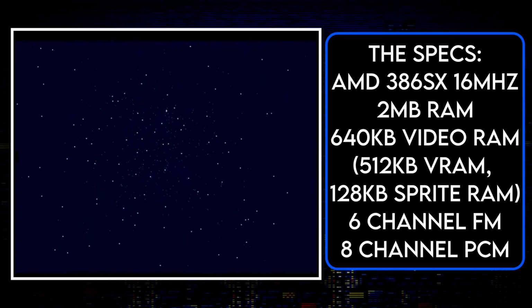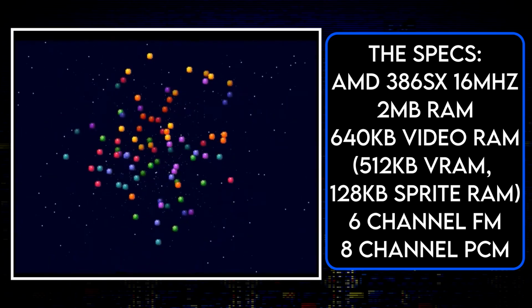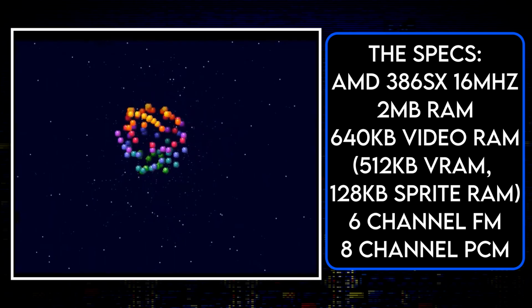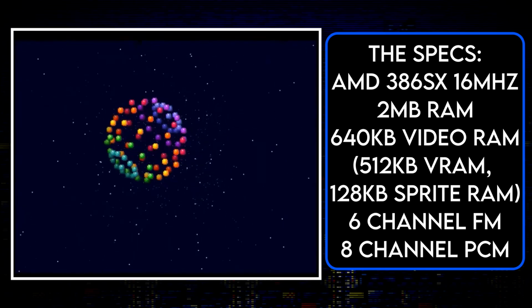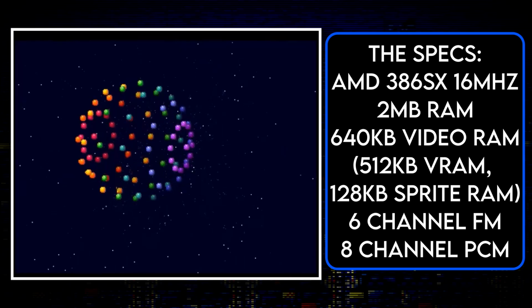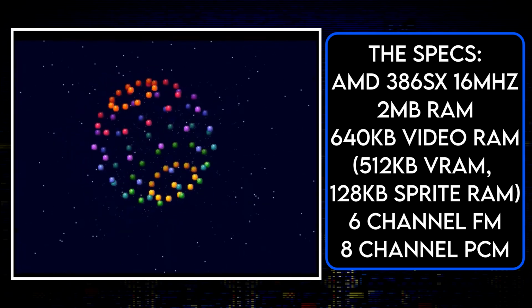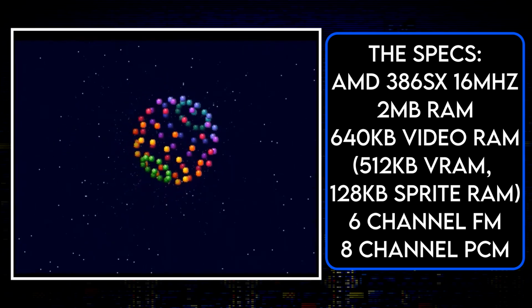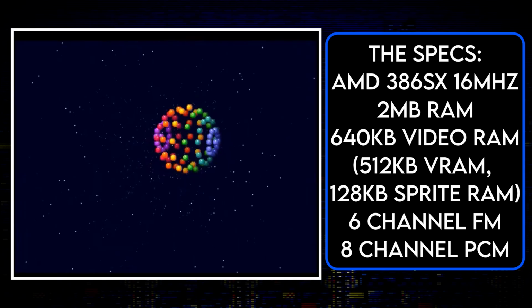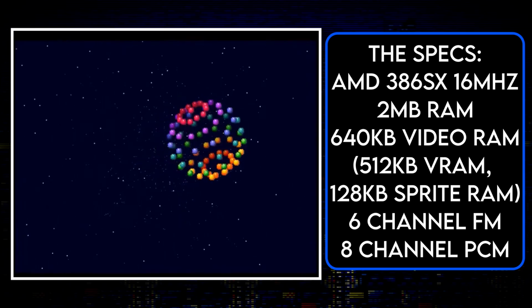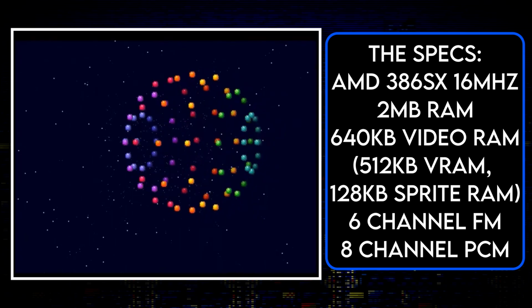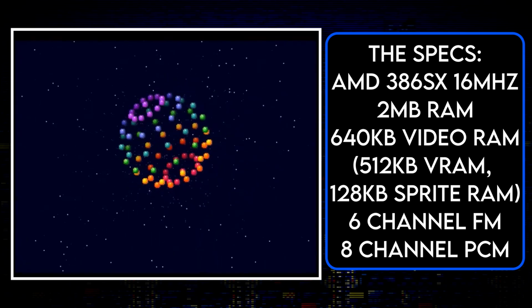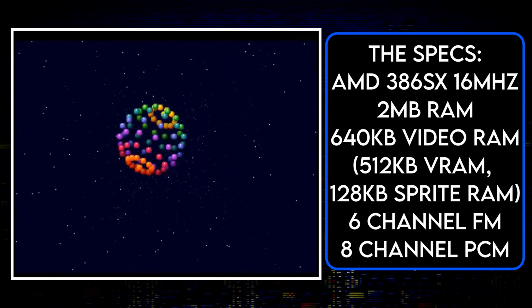The system shipped with 2 megabytes of RAM, 640k of video RAM, which was split into 512k of straight VRAM and 128k of sprite RAM. This ran on a custom Fujitsu graphics chip, which operated in a number of different resolutions ranging from 256 by 240 all the way up to the high resolution 720 by 480.